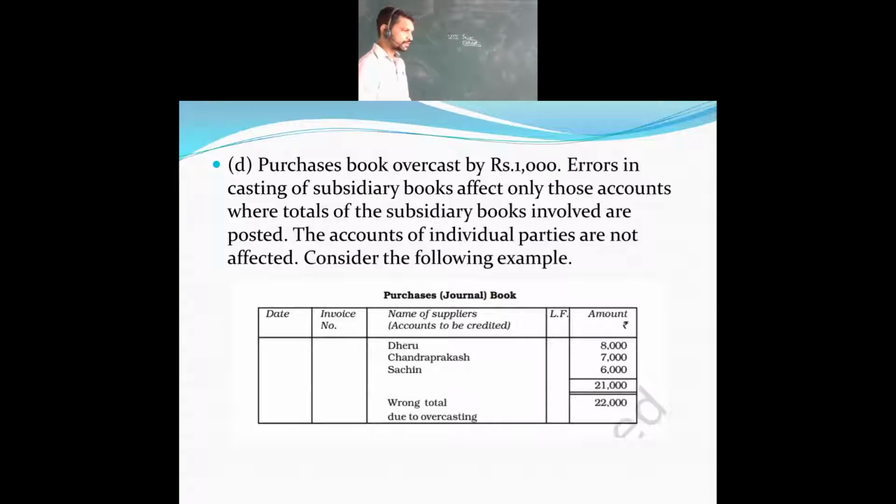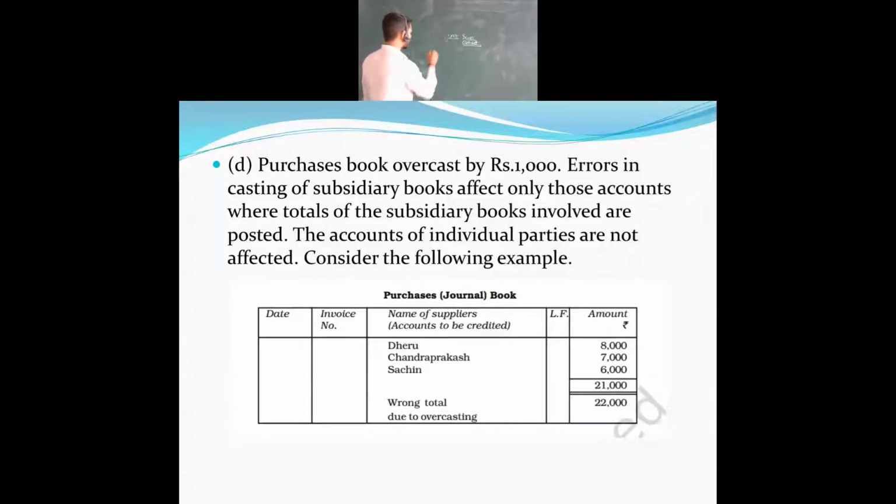Okay, so here exactly how the things will come. Remaining accounts are told over here, right? So it is given here. Dhiru's account is 8,000, Chandra Prakash's account is 7,000, and Sachin's account is 6,000. It should be 21,000. Then in the purchase account, there is a wrong total due to the overcasting.